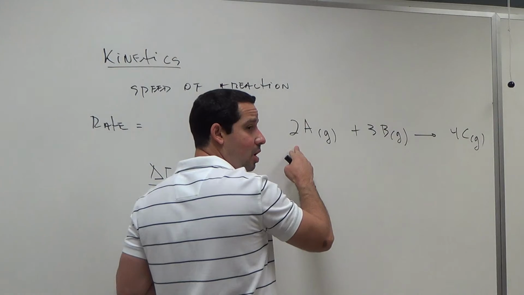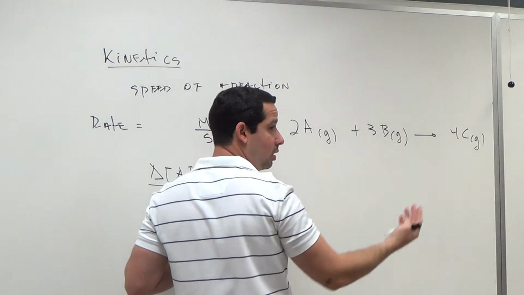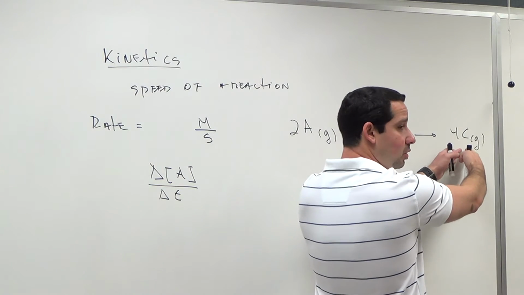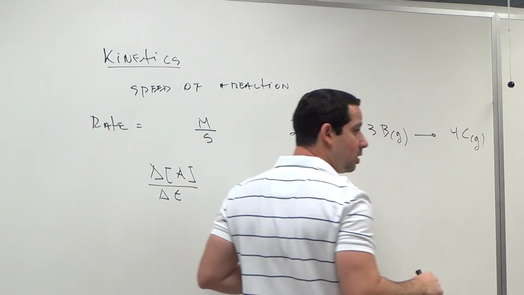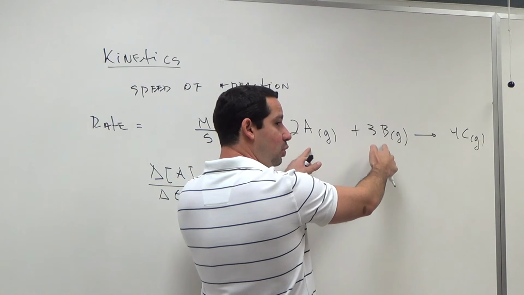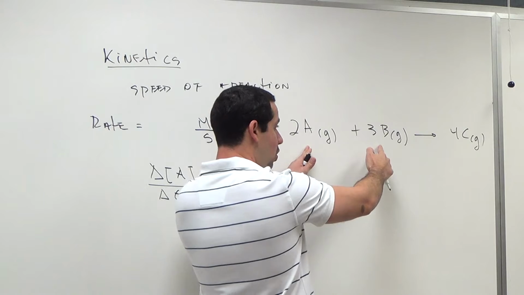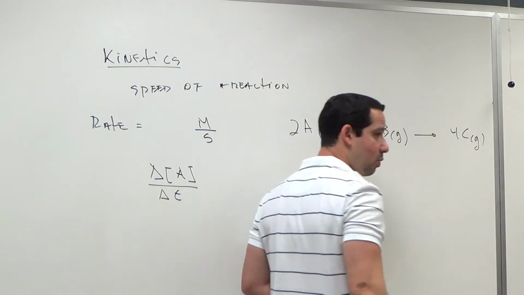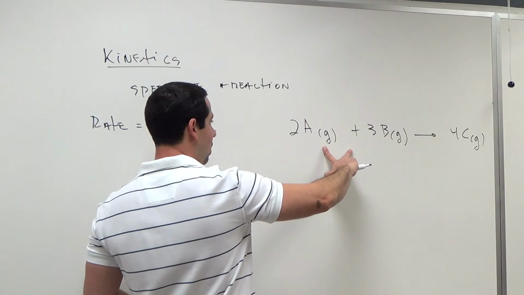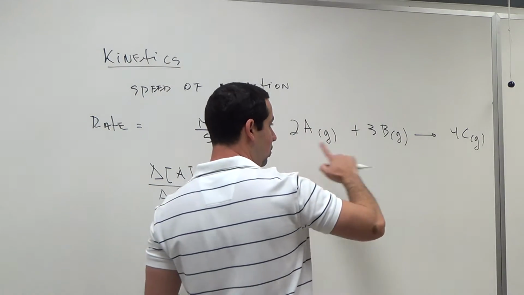As the reaction goes forward, this disappears. Most of the time you put in two reactants, and their concentration decreases as the reaction goes forward to make more C. So these two are decreasing over time, and that is increasing over time, as shown here.